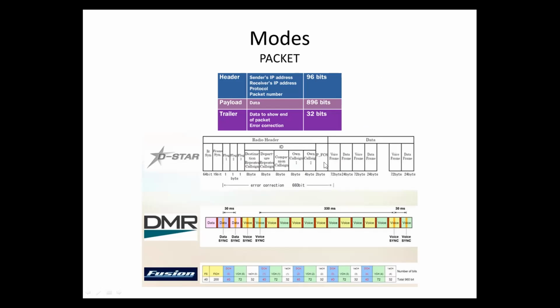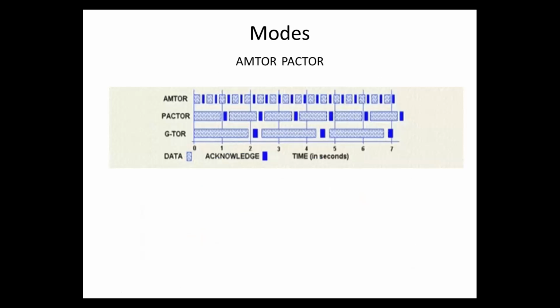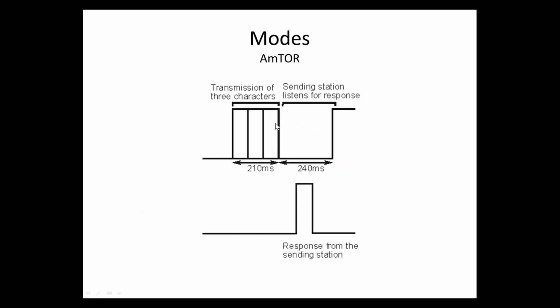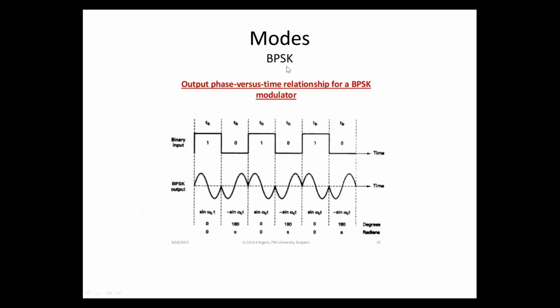So this is about transmitting voice information on VHF, UHF. You get back here to these modes, you're interested like in RTTY and in PSK31, you're interested in transmitting text between stations.